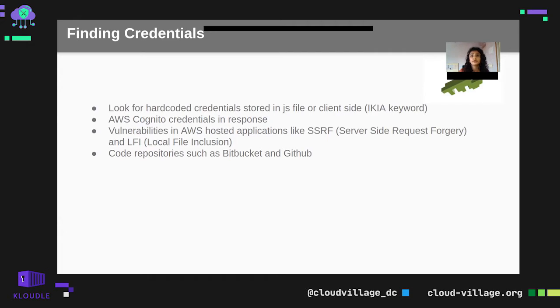For example, nowadays many companies publicly expose their code on GitHub. That's all right, but if you are storing the credentials in the repository, then it's an issue. Any attacker can find the credentials on GitHub, and you end up getting your credentials exposed on public repositories such as GitHub and Bitbucket.